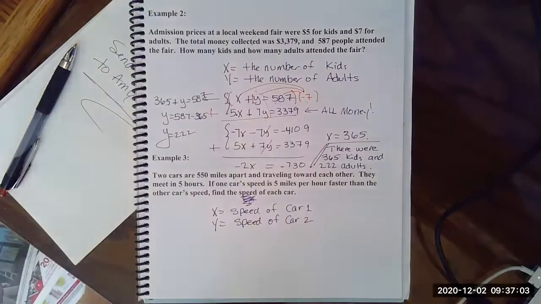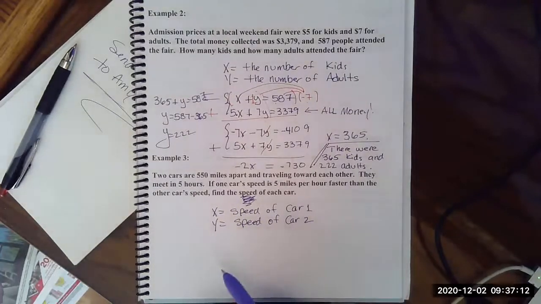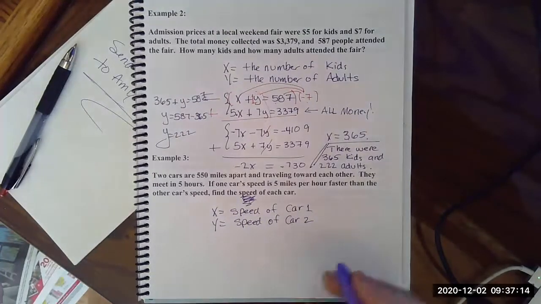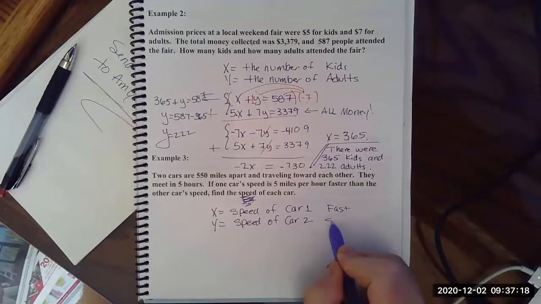If they're going the same speed, maybe that's the easy thing. Are they going the same speed? Oh, one's faster than the other. So let's say this is the fast one. This is the slow one.